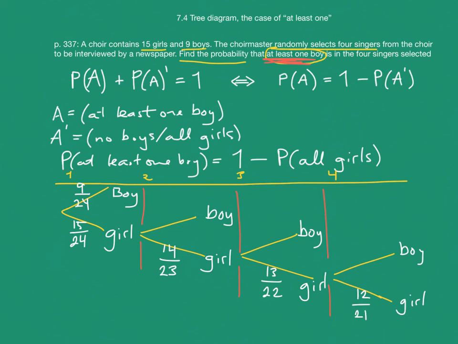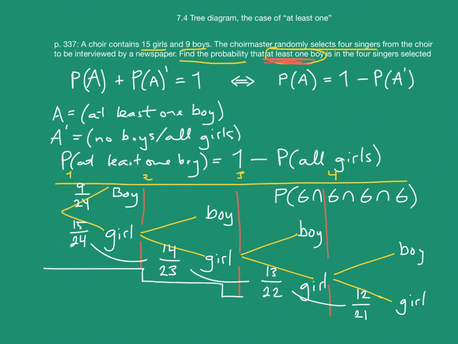Now, if we multiply these probabilities together, we're going to get the probability of girl and girl and girl and girl, like this. And so the probability that we wanted to find was the probability of at least one boy.